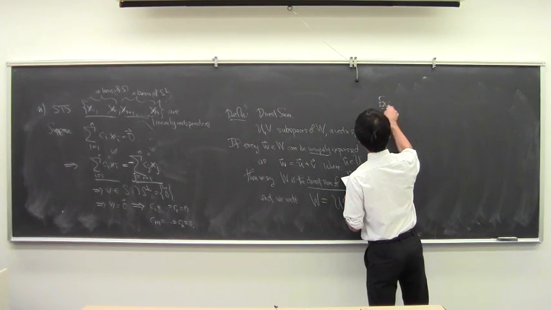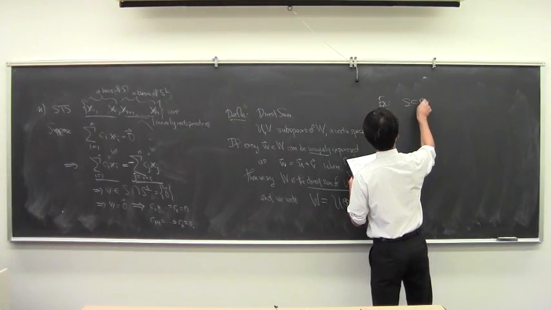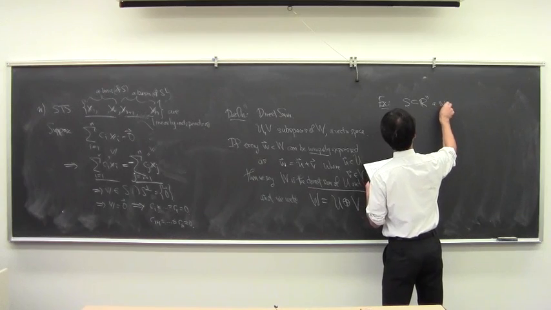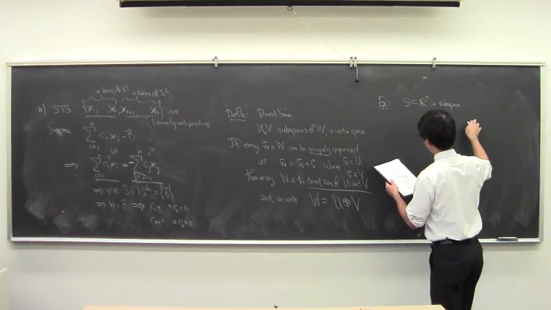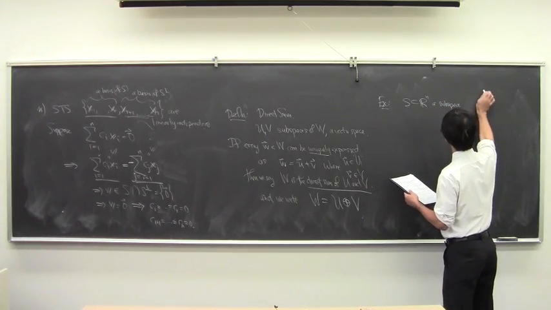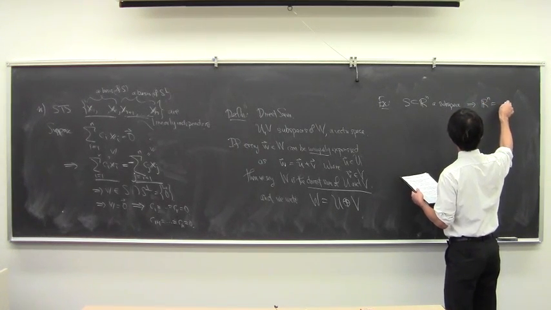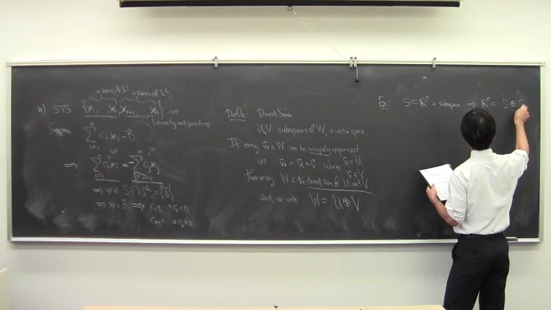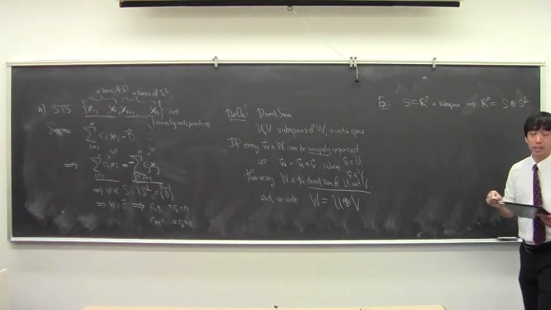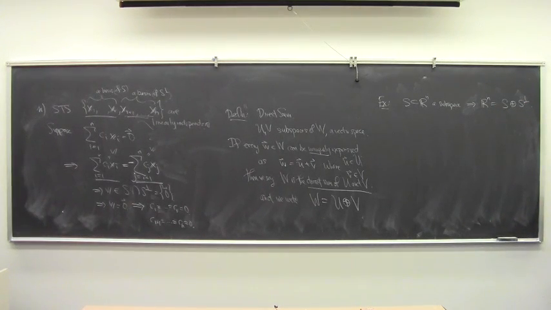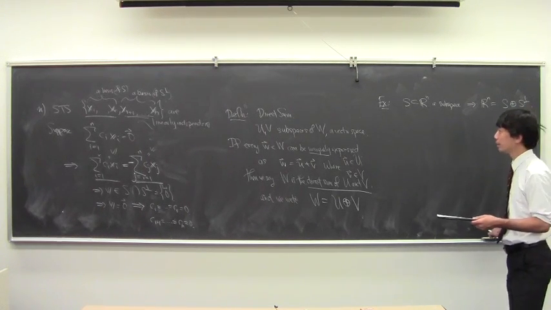For example, if S is a subspace of R^n, then in fact R^n can be realized as the direct sum of S plus S perp. Okay.